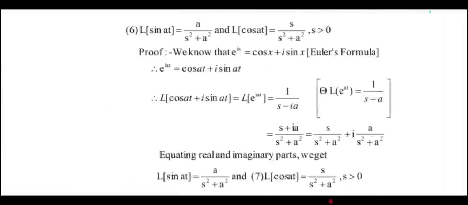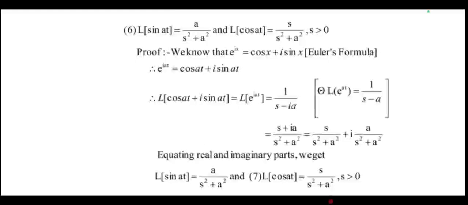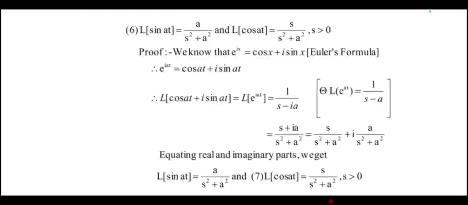So we know that e power ix can be written as cos x plus i sin x. Instead of x, replace with at. So e power i at is equal to cos at plus i sin at. Now take the Laplace transform on both sides.